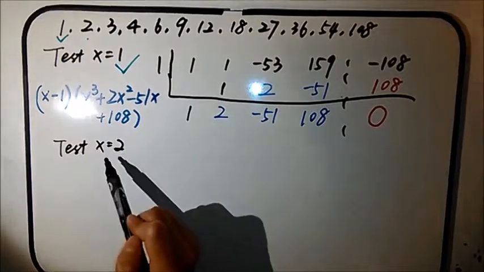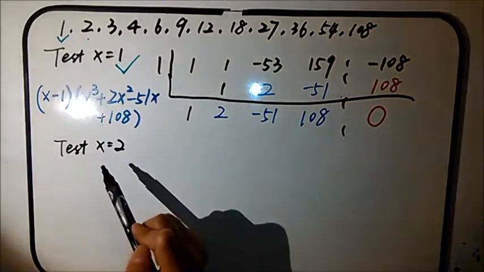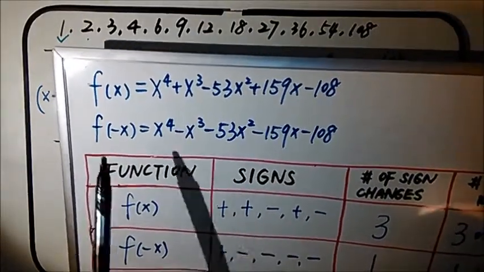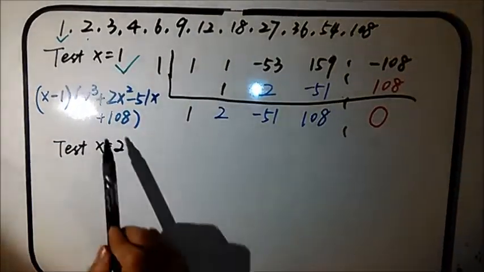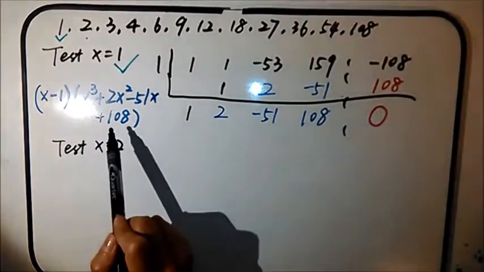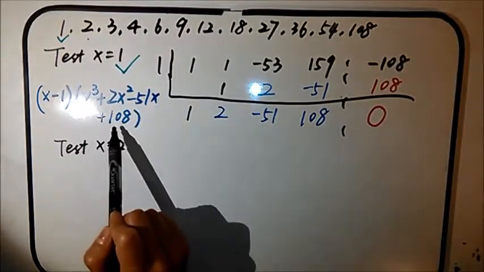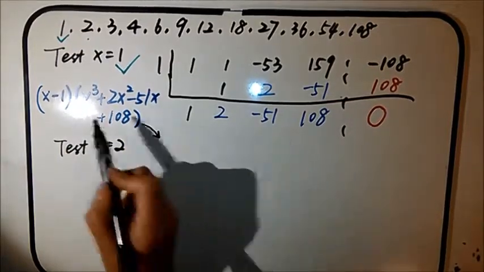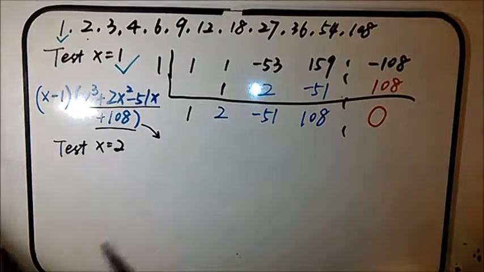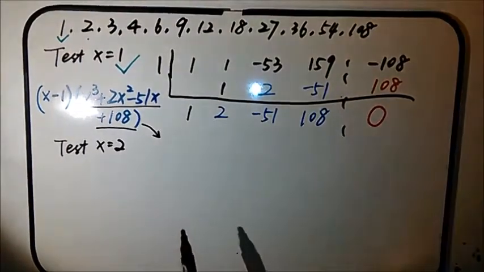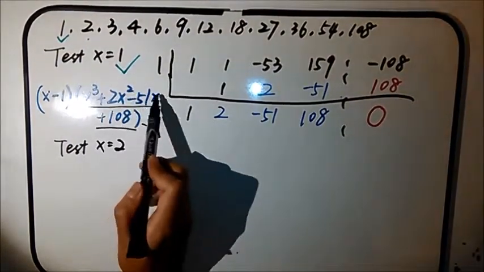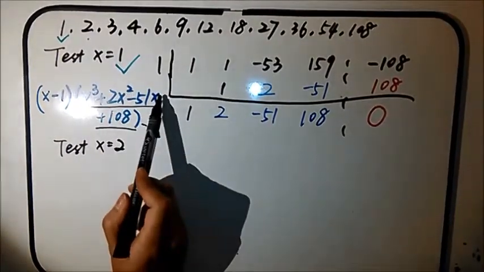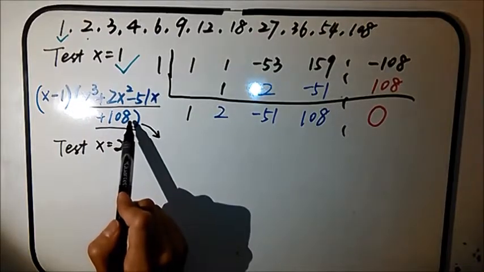Okay. This time we're not going to put in the original function x to the 4th power. We're going to test for this function here using our shortcut, x cubed plus 2x squared minus 51x plus 108. We have to make sure that all the powers are in descending order. So cube, we have 3, 2, x to the invisible 1 power, plus 108.